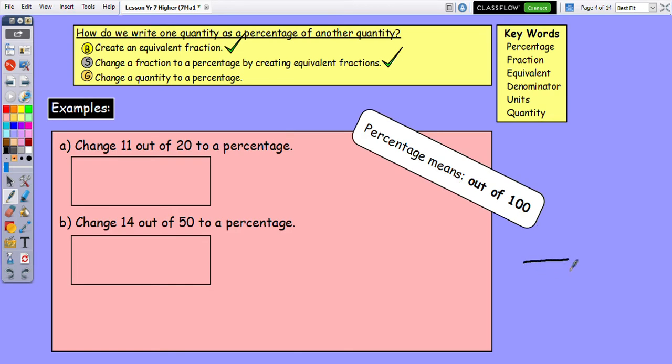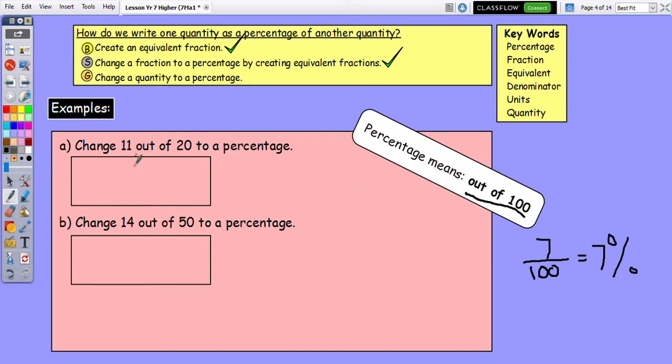A percentage is simply a fraction with a denominator of 100. If you see a fraction out of 100, we can convert that straight away to a percentage. So for example, if this fraction is 7 out of 100, then the percentage will be 7%. Bear that in mind, write it down if you want. Percentage means out of 100.